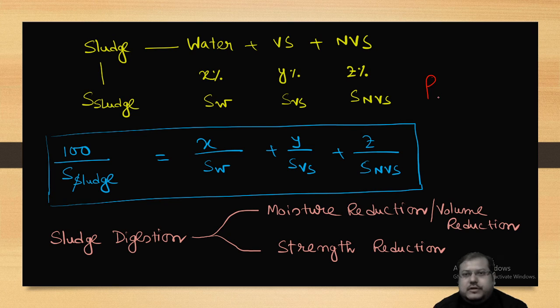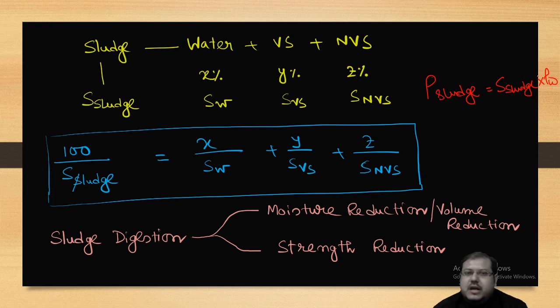If you need to find rho sludge, it will be S sludge into rho of water, the density of water.